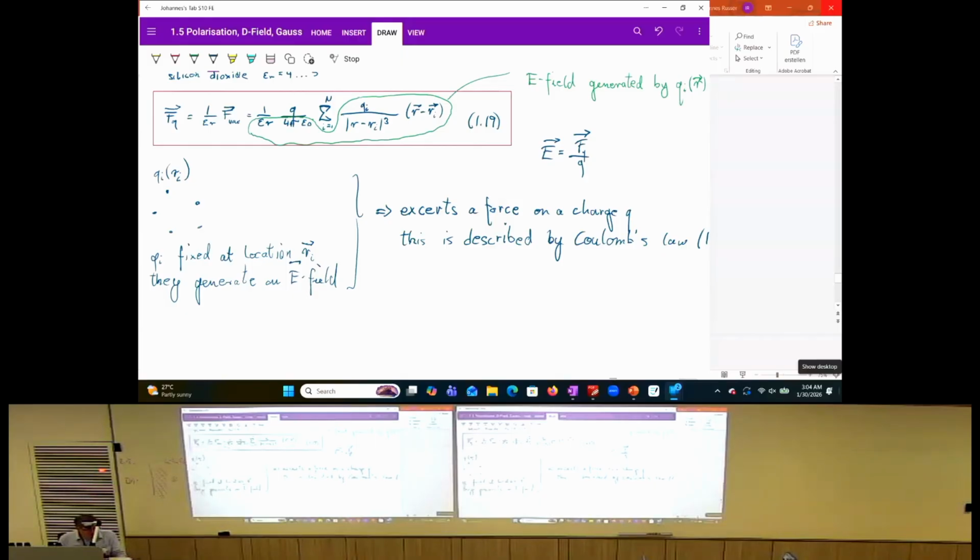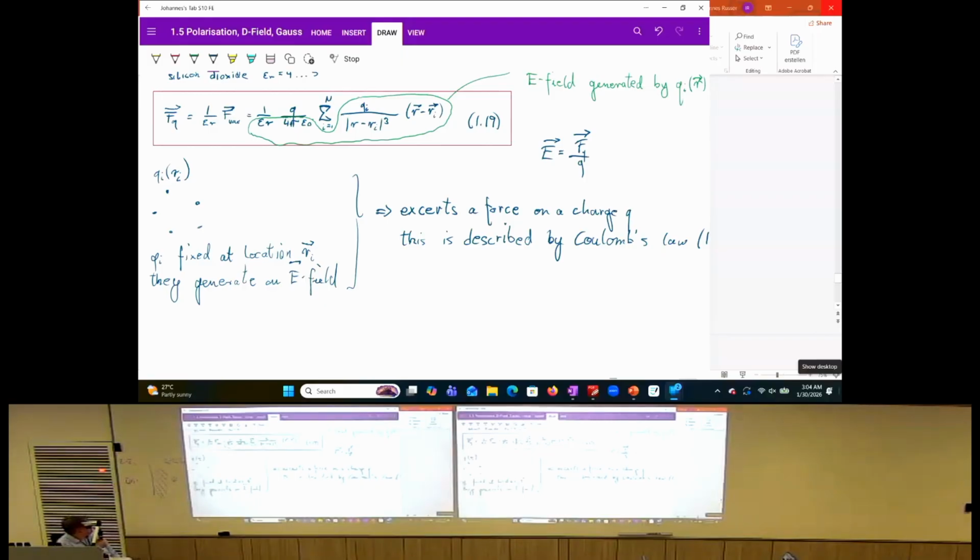Our next step, in the subsequent part of chapter 1.5, is to separate the material property from the field generating quantities. By doing so, we are introducing another field. Thus far, we have been talking only about the electric field.